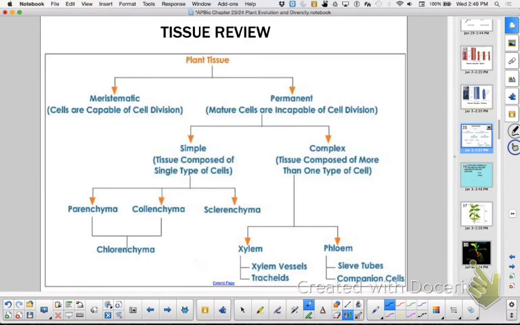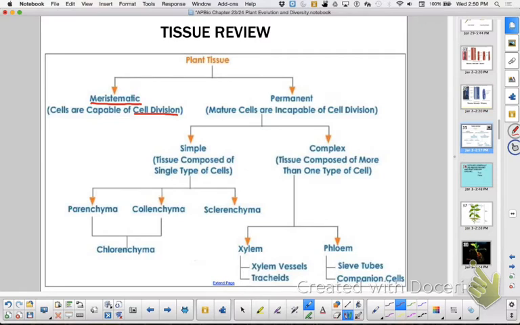Okay. So a couple of things here. Meristematic, these can still do cell division. In plants, your apical meristems are on either end, on your shoots and your roots, to help you grow taller or to make your roots grow deeper. Lateral meristems you find in eudicots.